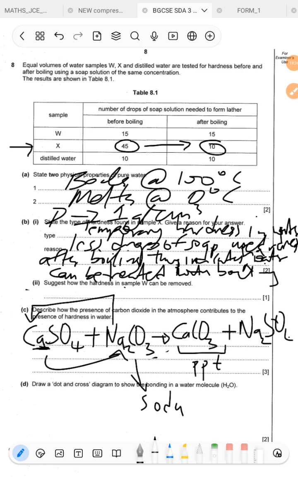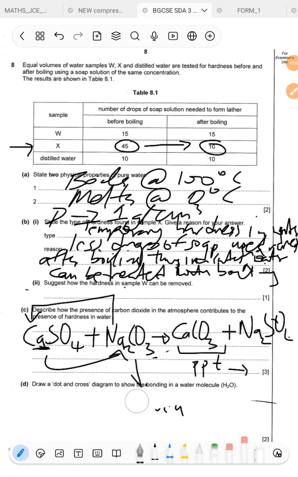So this will be the scum that you find whenever you're doing your laundry or bathing with water that has permanent hardness. It will form the scum. So this is one method of removing permanent hardness in water. Okay, so what is the method called?